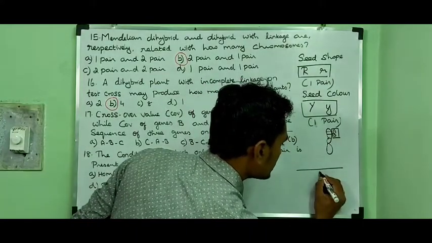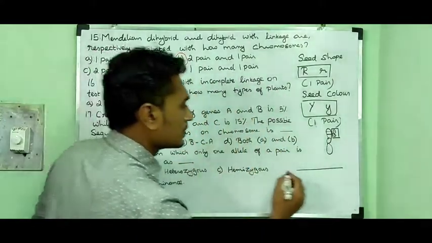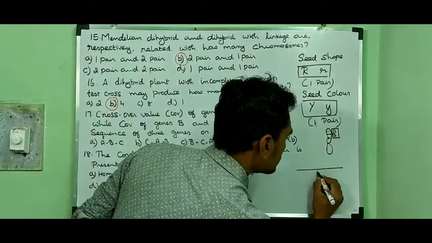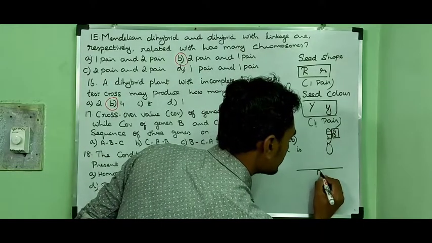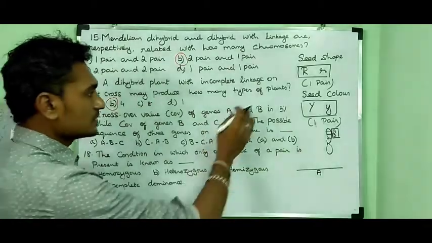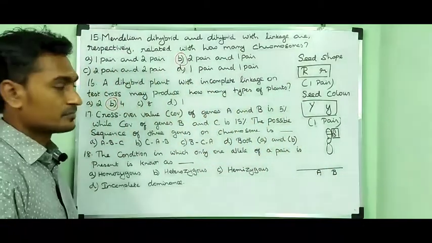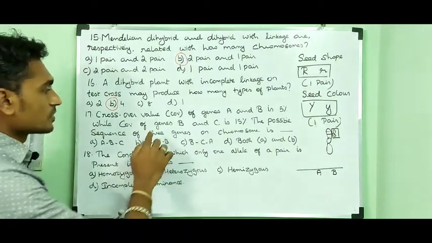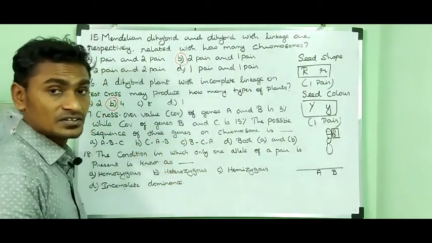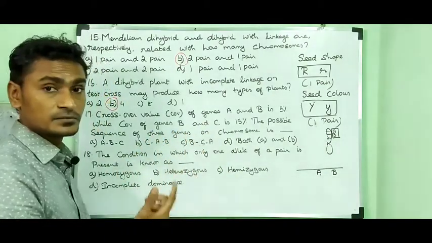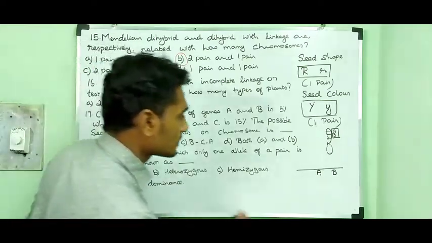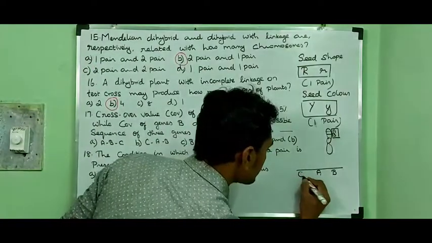So here A will come, then here B comes. Then the crossing over between B and C is 15%. The recombination is more, so here C will come.